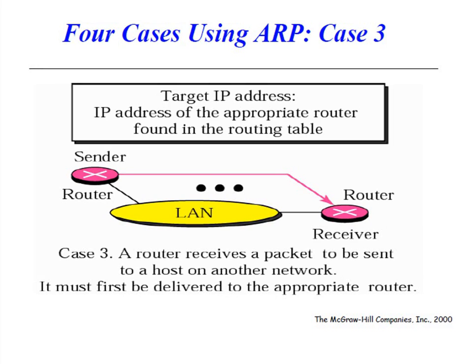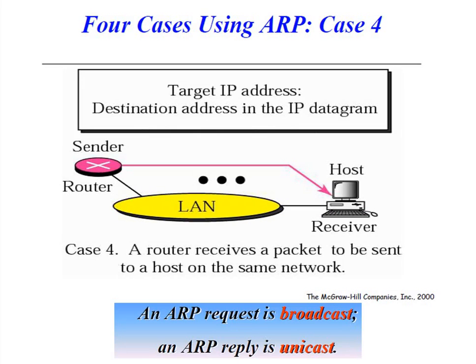The third case is from router to router. The router will generate an ARP request to the next router, and the next router will reply with its hardware address to the sender router, and the communication will take place. The final case is where the router sends the packet to the destination host.